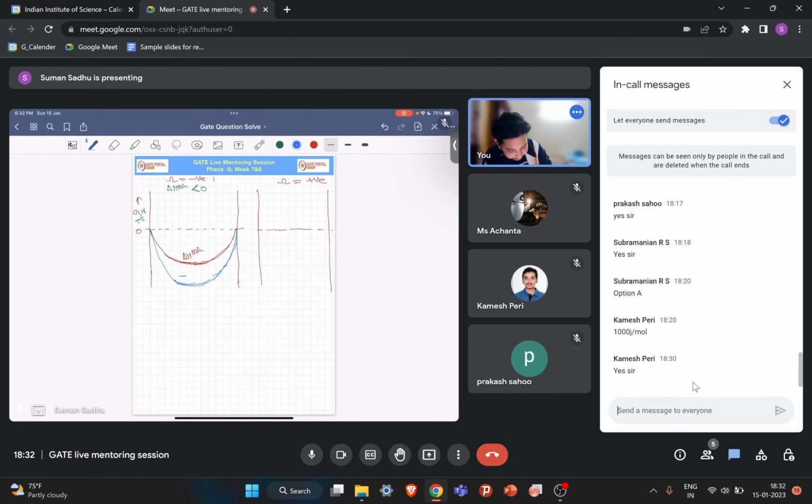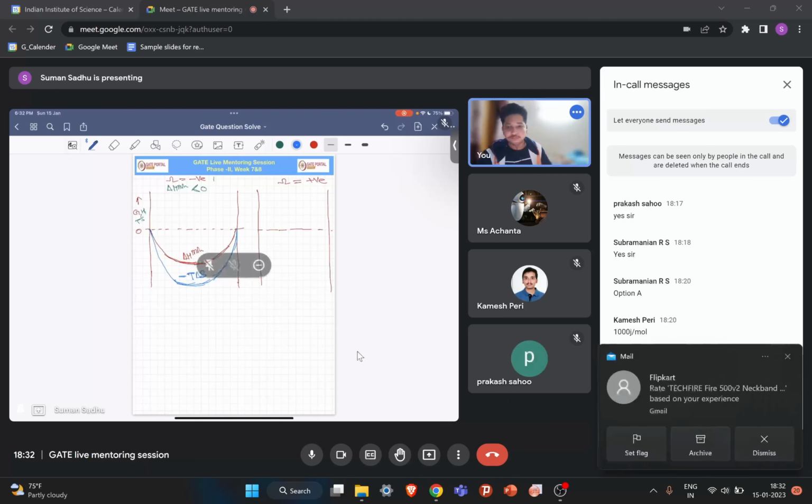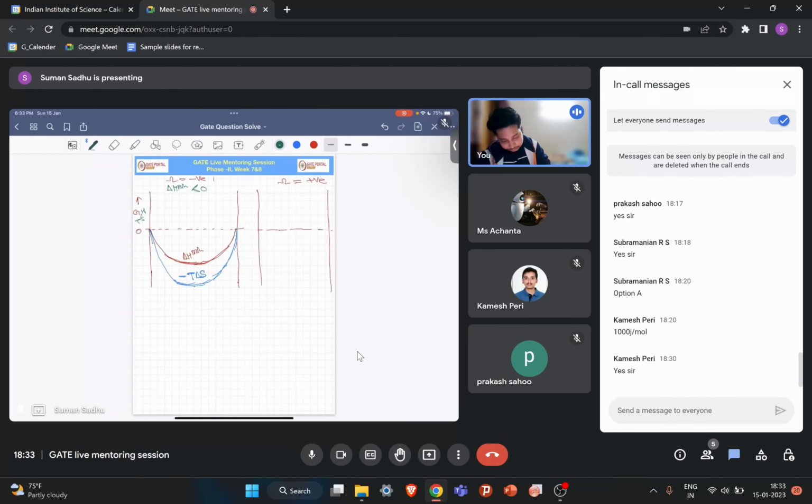So this is minus T into delta S. So this is always in the negative direction. Now, what will be the delta G mixing then? Summation of these two. So delta G mix will be somewhere here. So this is your delta G mix.